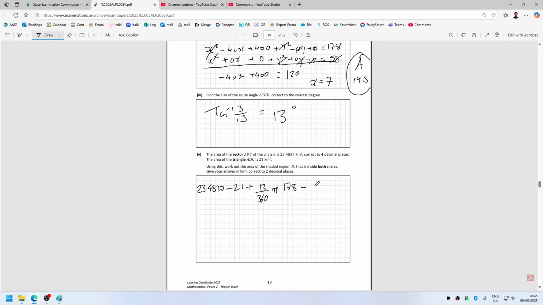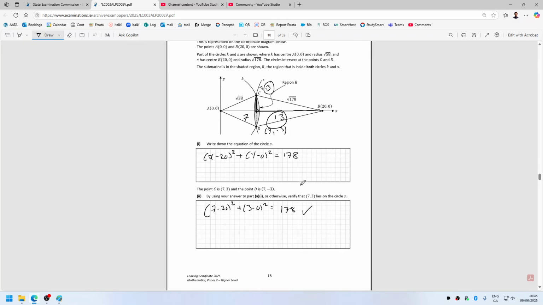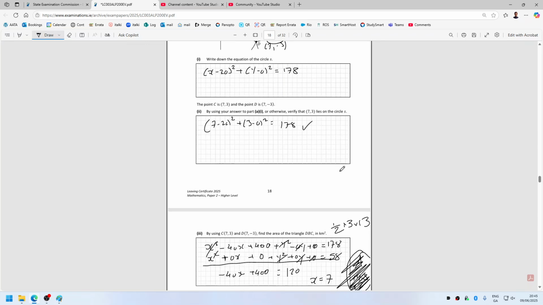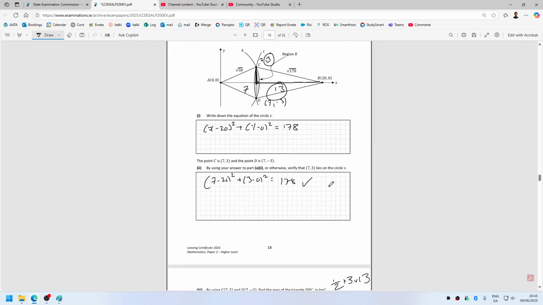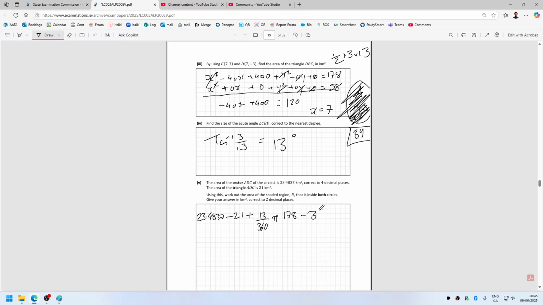Minus, oh, I forgot to multiply that by 2. So it's actually 39. Because I just got the top one, didn't I? DBC. Yeah, 39. So minus 39 then. Okay, let's see.